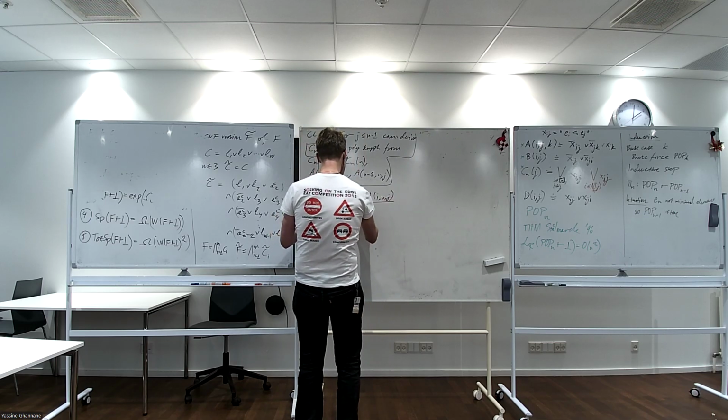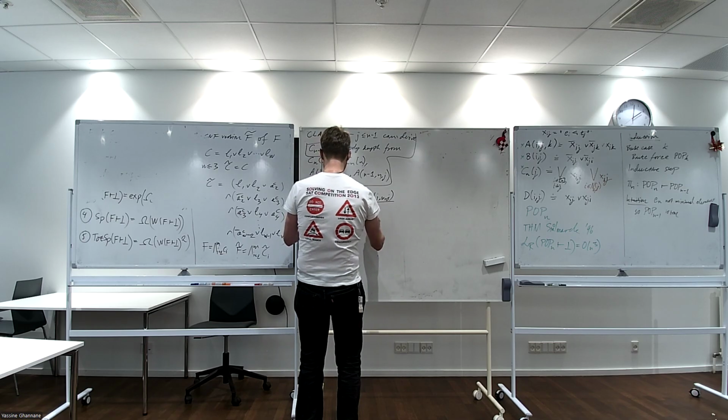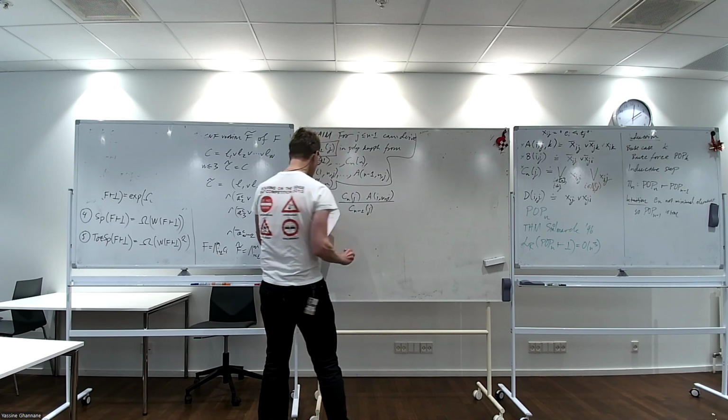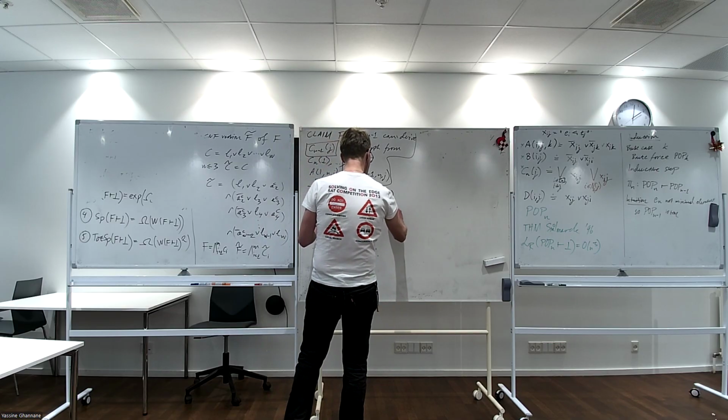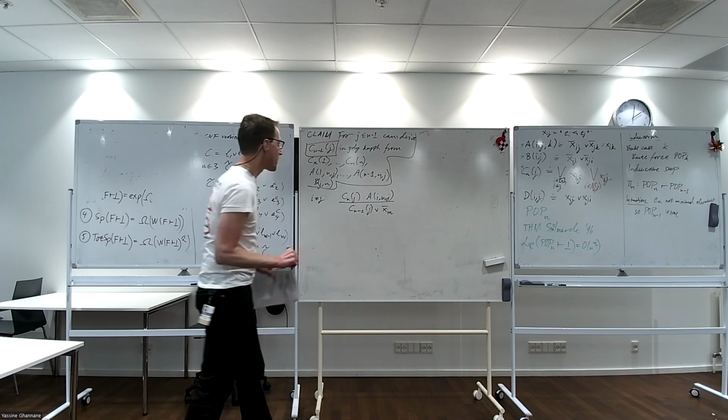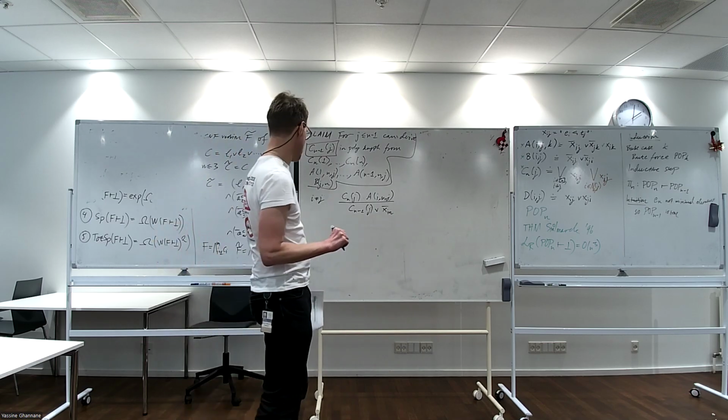And this will give me C_{n-1,j}, almost what I want, except I pick up not x_{i,n}.